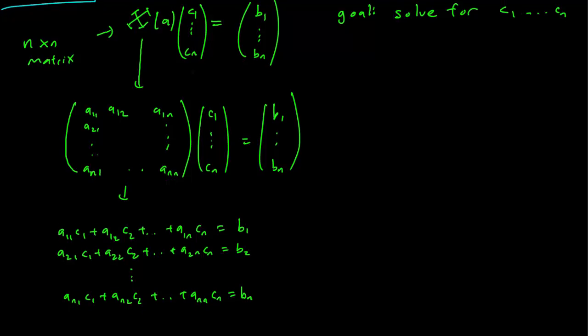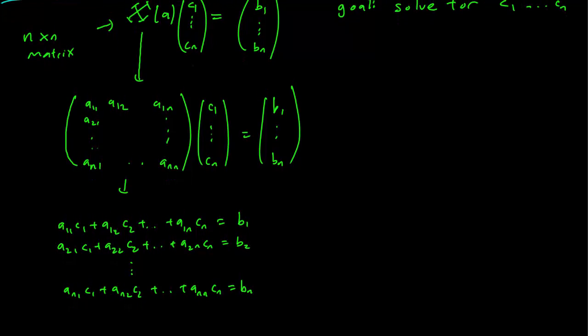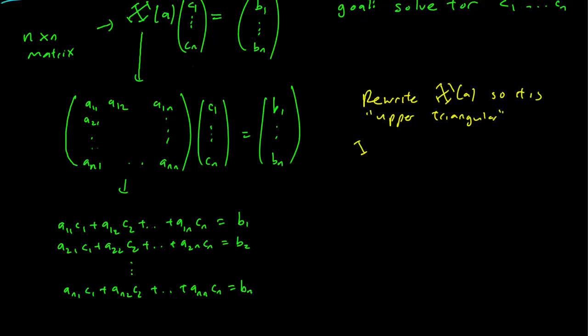So our goal is going to be to rewrite XA so that it is upper triangular. We have A11, A12, A1n as usual, a 0 here, 2 zeros.